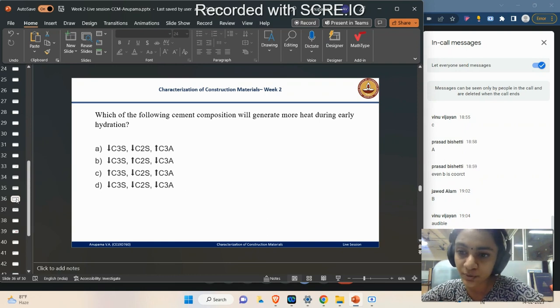Okay, Javed goes with option C, C3S and C3A higher and less C2S. Anyone else?